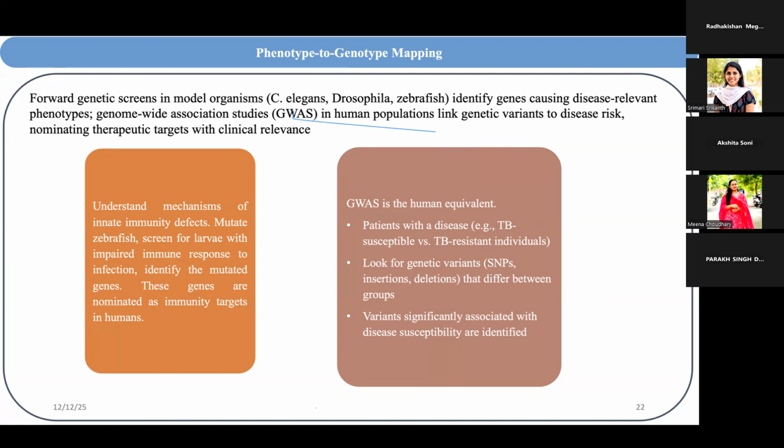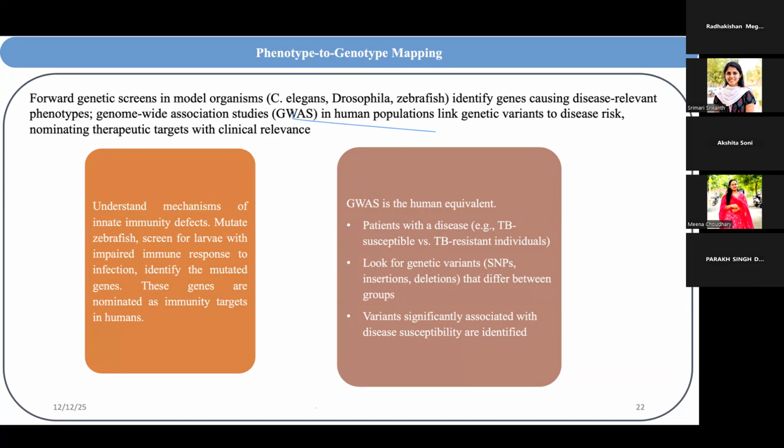If we want to understand mechanisms of innate immunity, we mutate the zebrafish and screen for the larvae with impaired immune response to infection. Why do we use this means? We are not assuming which genes are essential; we are letting the organism tell us. So these genes, when knocked out, cause a phenotypic change.